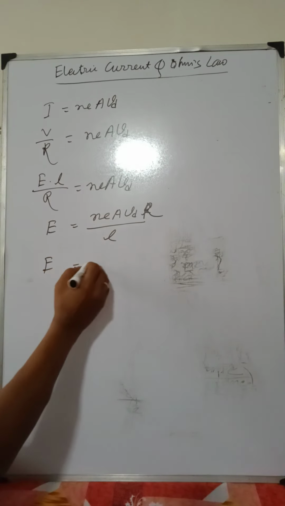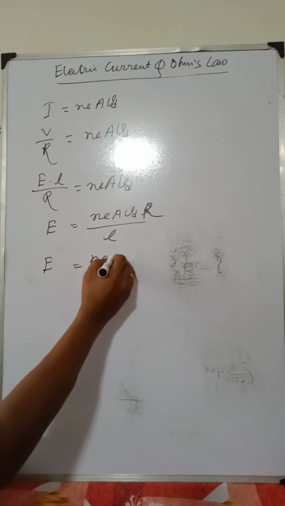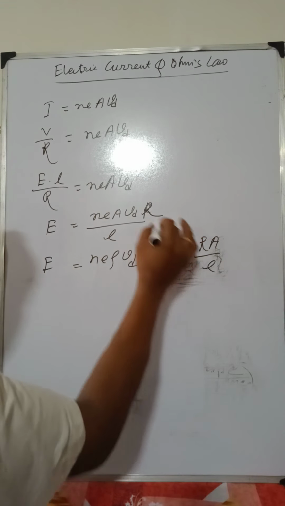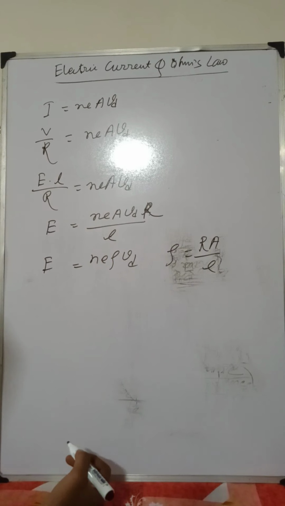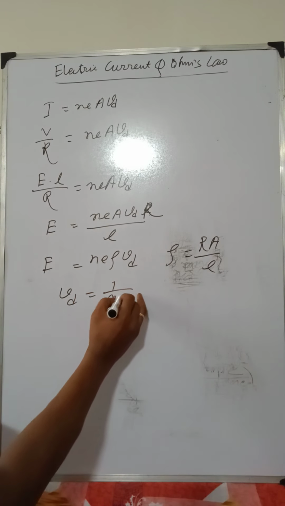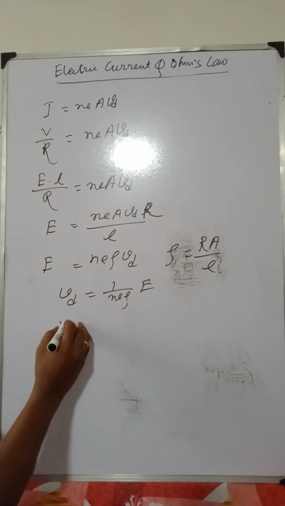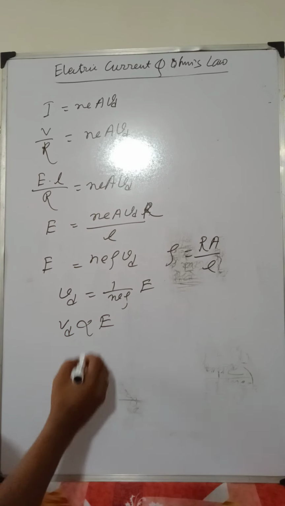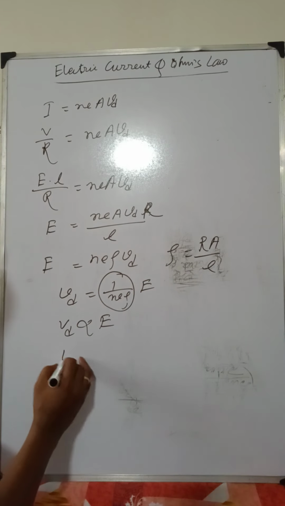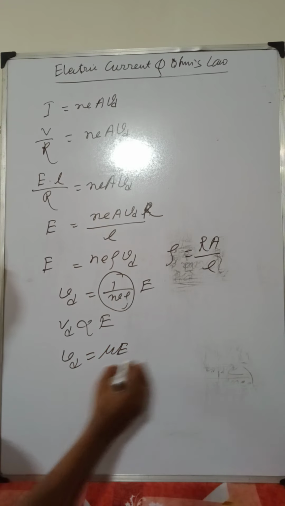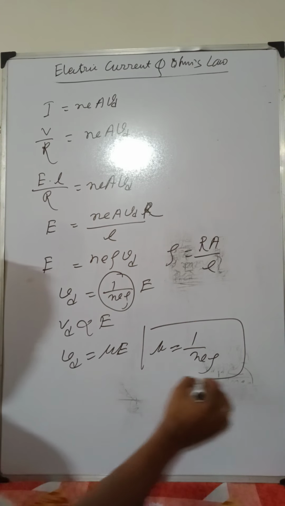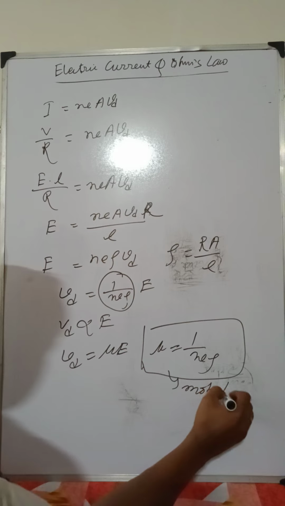Now E equals N e rho Vd, where we have already read that rho equals R A by L. So Vd equals 1 by N e rho into E. So Vd is proportional to E, where the proportionality constant is 1 by N e rho, or you can write Vd equals mu E. Comparing, we get mu equals 1 by N e rho, and that is called mobility.